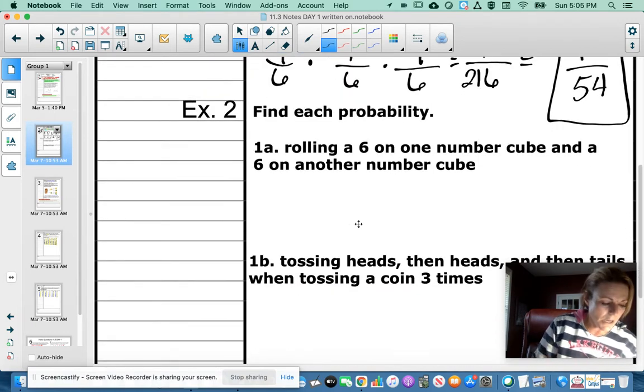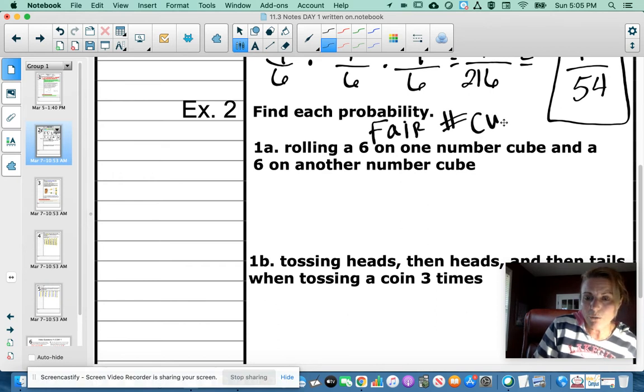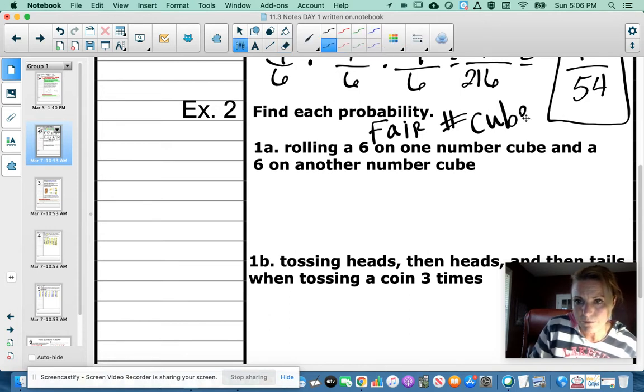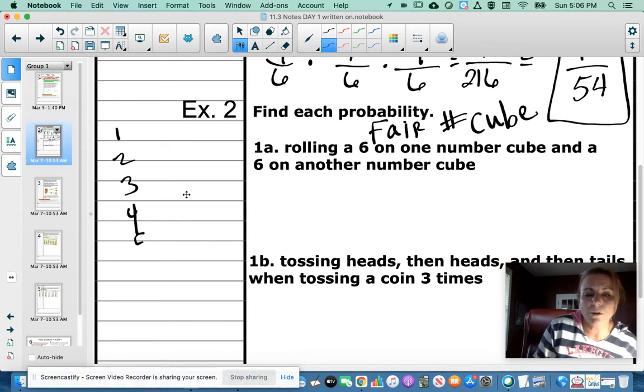We're assuming here that this is a fair number cube, meaning there are 6 sides: 1, 2, 3, 4, 5, and 6.